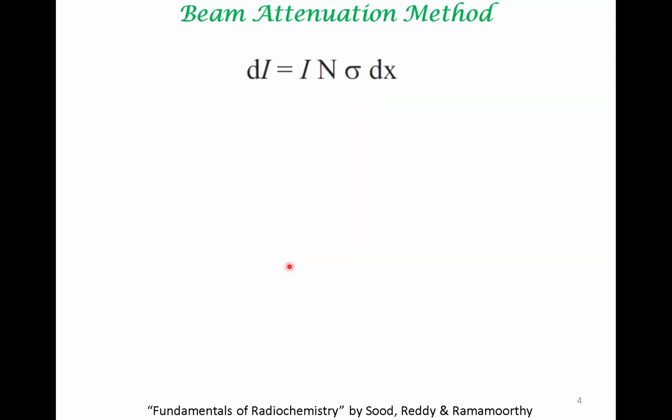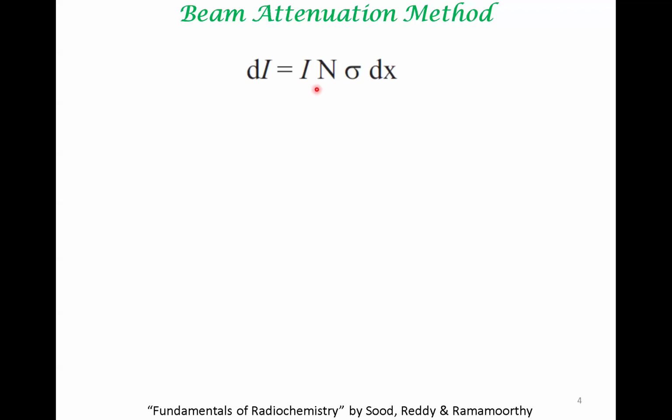Another method is called the beam attenuation method. Attenuation means decrease in intensity. This is very similar to what you may have seen in your high school regarding the Beer-Lambert law. In optical absorption, we use this. The decrease in intensity of a particular projectile is because of the collision between the target atoms and the projectile.